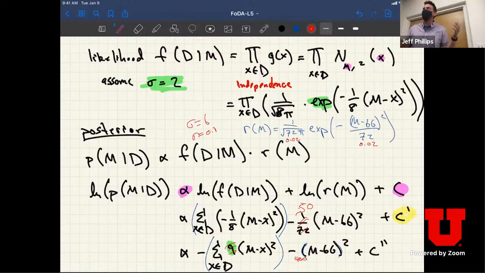So the more data you get, eventually it will overwhelm the prior. But if you don't have a lot of data, you trust the prior. That's how to think about what these balancing terms are doing. How concentrated that distribution is ends up determining its weight when you're averaging these two things together.